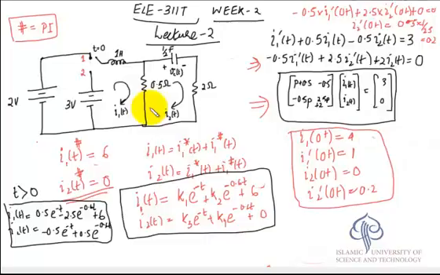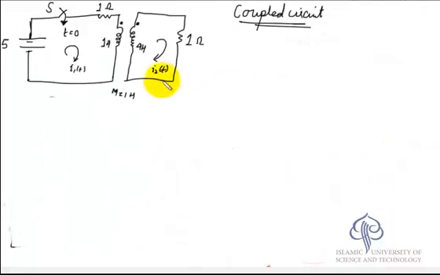This is the approach we have to follow, irrespective of whether we are solving a circuit through mesh analysis, nodal analysis, or using any theorem. Although I'll not completely solve this problem of a coupled circuit, it can be solved by methods similar to the ones we have adopted before.